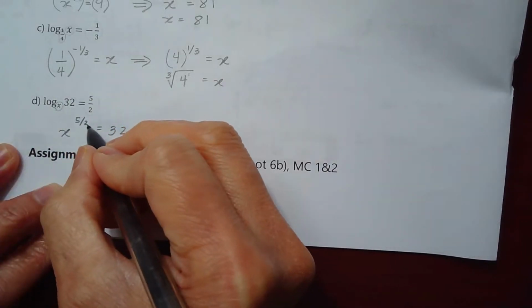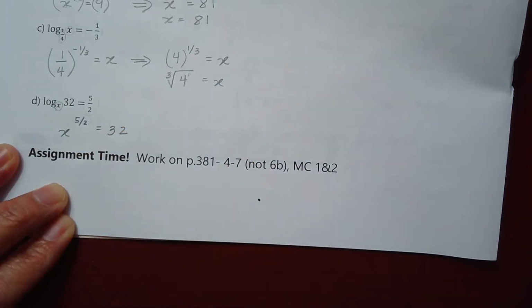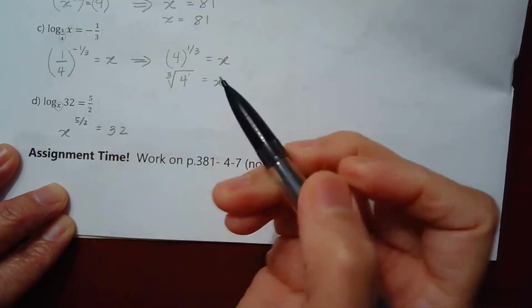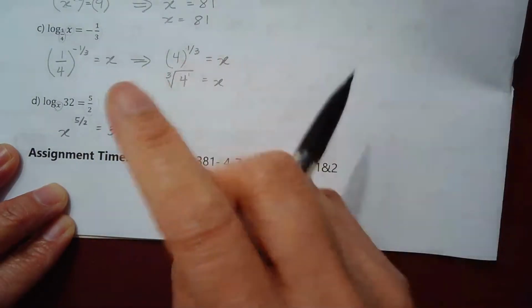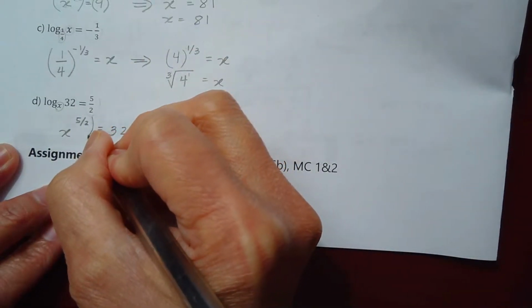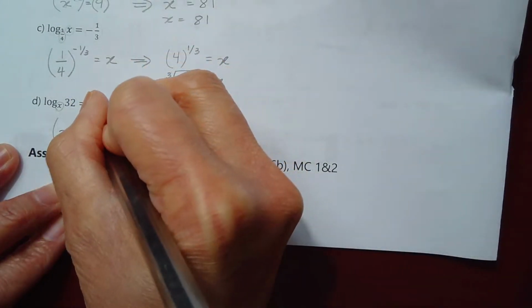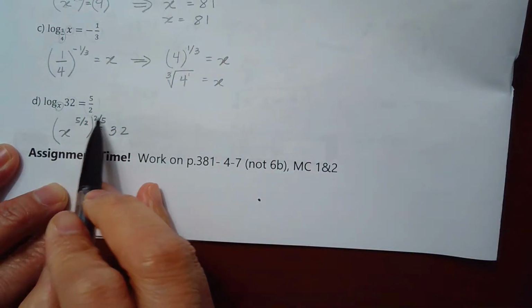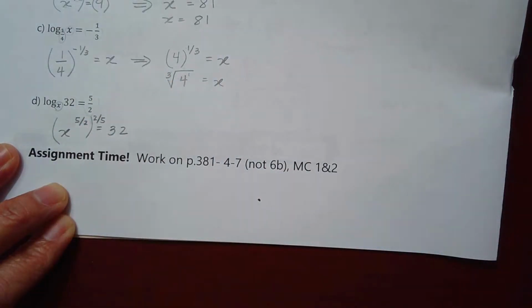How can we get rid of the 5/2 in the exponent? Well, what we could do is multiply it by its reciprocal to cancel that. So we can multiply it by 2/5. 5/2 times 2/5.